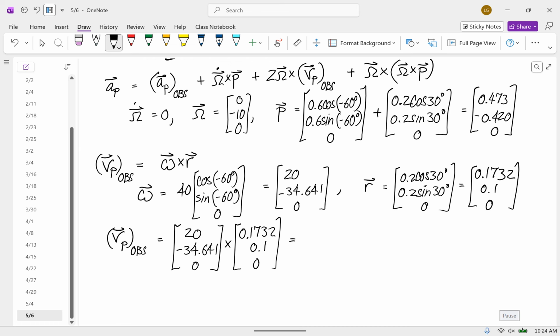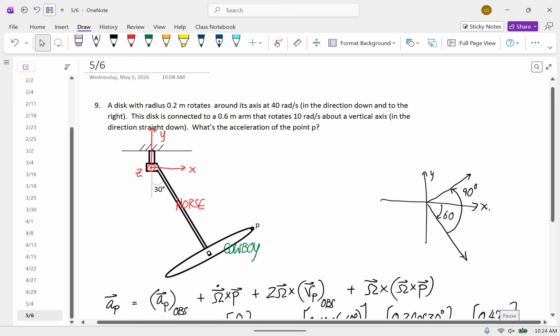Cross those two, and you get 0, 0, 8. Okay, yep, that makes sense.